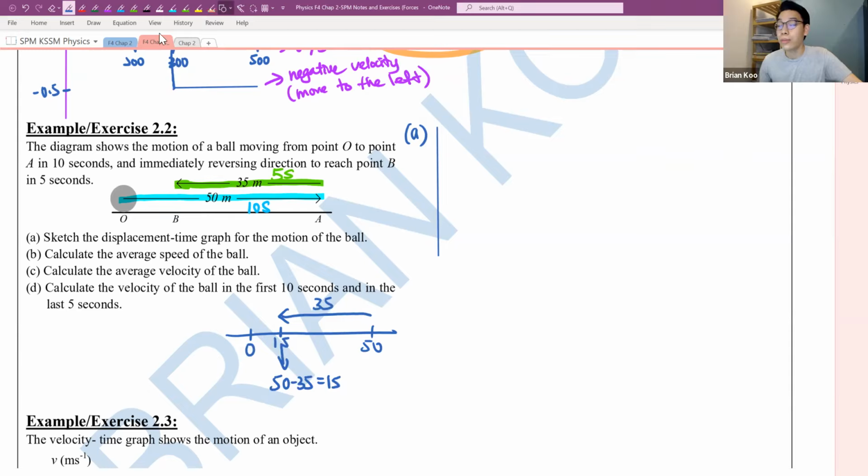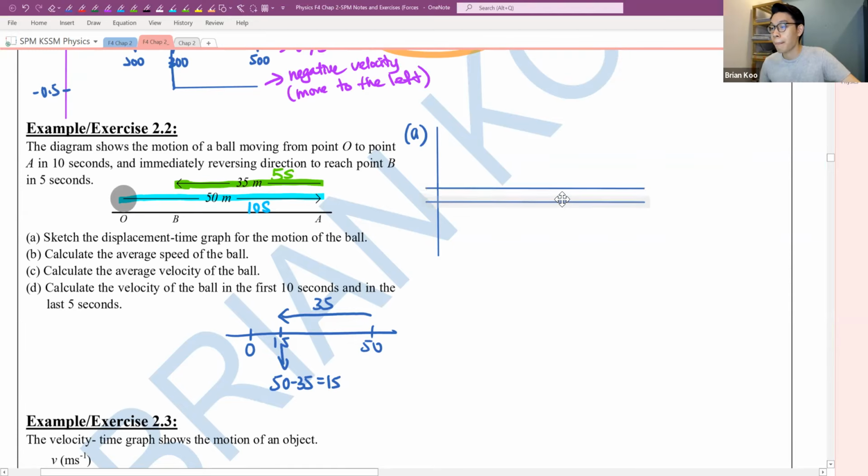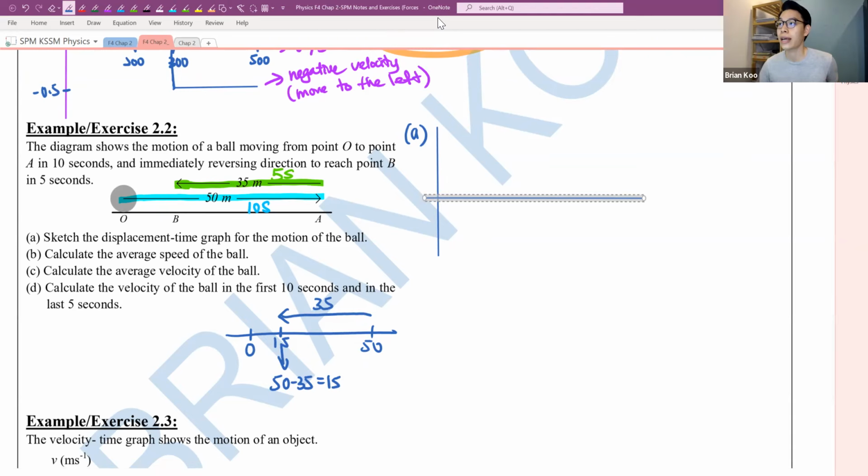But usually we put time down here. If you're not sure whether there will be a negative displacement, never mind, we leave some space. Who knows, maybe there might or might not be a negative displacement. So we're going to start with 0 meters and 0 seconds.